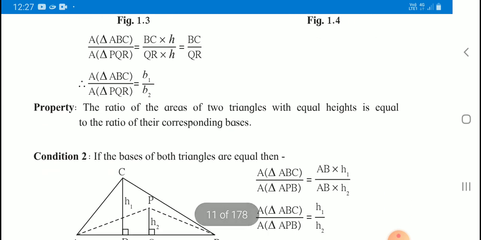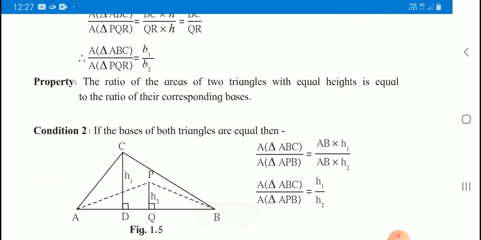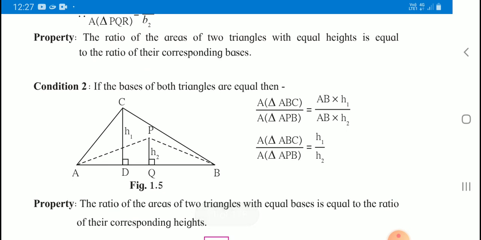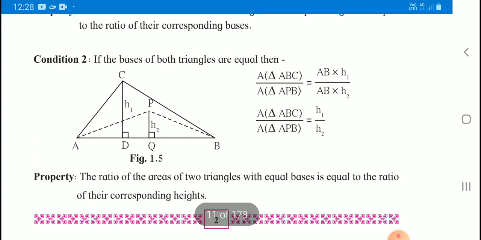Now, we will see the second condition. If the bases of both the triangles are equal, then here area of triangle ABC upon another triangle, triangle APB. So we will take the ratio of these two triangles, then we get that area of triangle ABC upon area of triangle APB is equal to AB into H1 upon AB into H2.